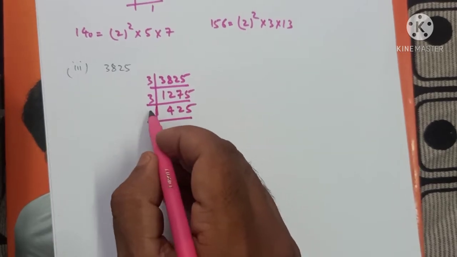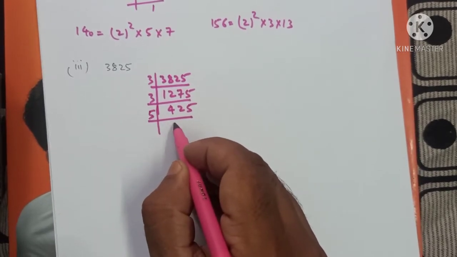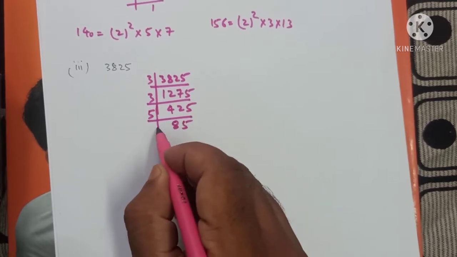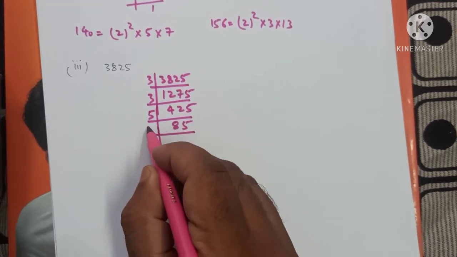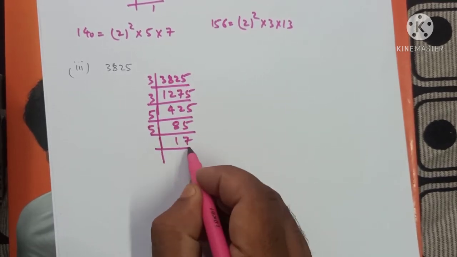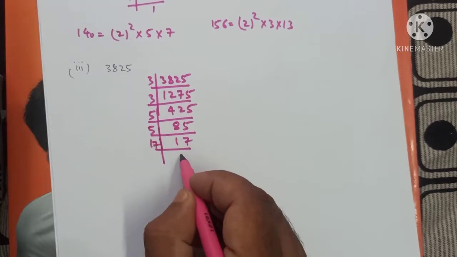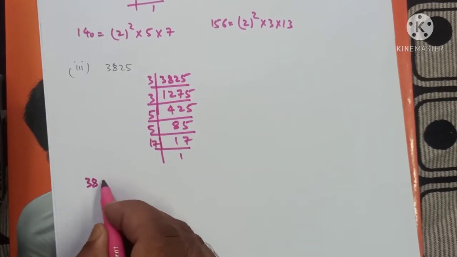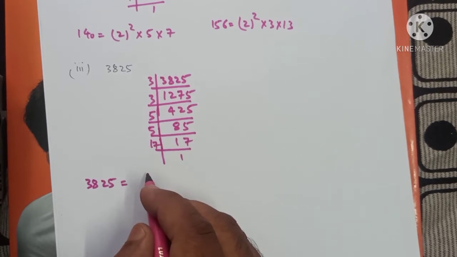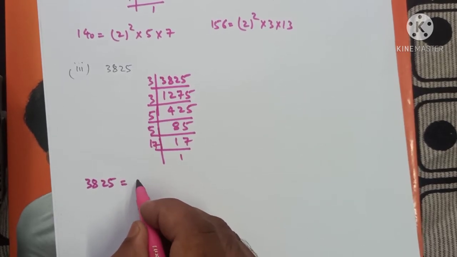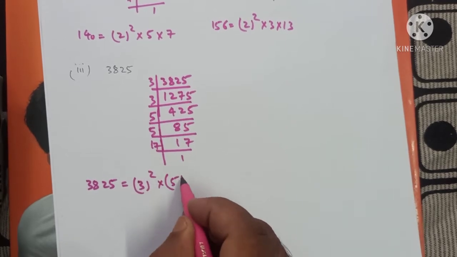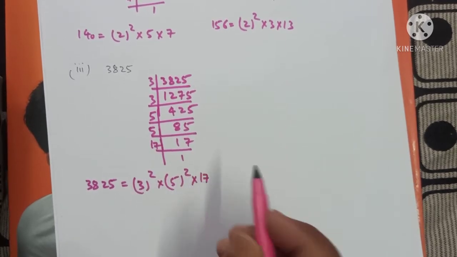Now it will not go with 3. 5 8s are 40, remainder is 2, 5 5s are 25. Again 5 1s are 5, 5 7s are 35, and now 17 1s are 17. So 3825 can be expressed as the product of prime factors as 3 raised to the power 2 into 5 raised to the power 2 into 17.